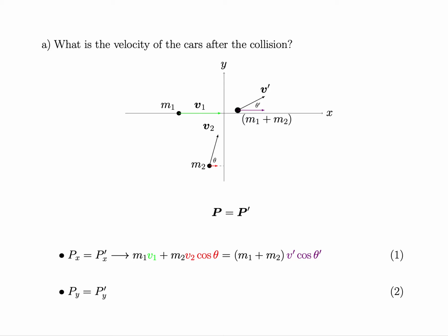You need to select the x component of the velocity in order to calculate the x component of momentum. So that's m2 v2, but hit with the cosine of the angle in order to select the x component of the velocity, shown in red. After the collision, both cars are stuck together, so their combined mass moves at a common speed, which I've called v prime, using prime for things after the collision.